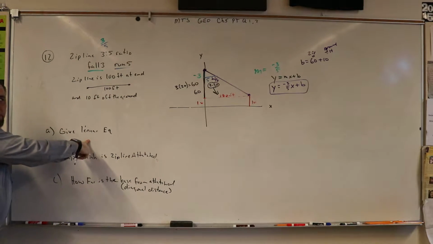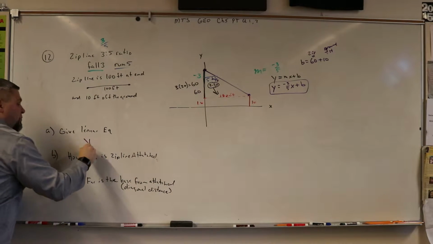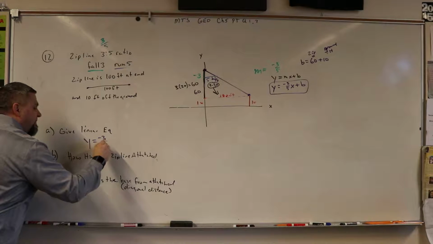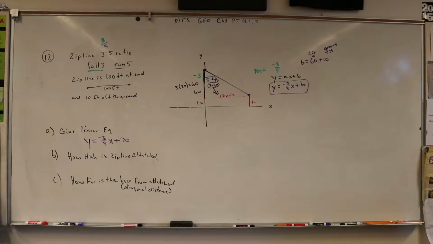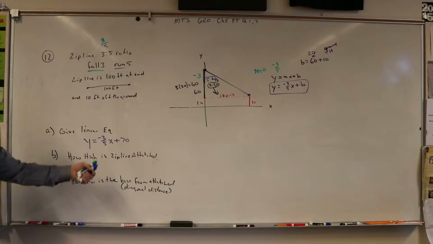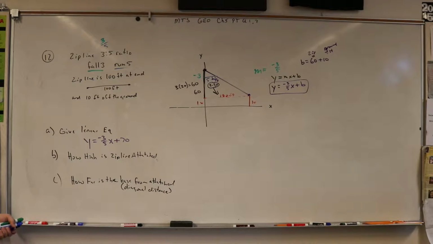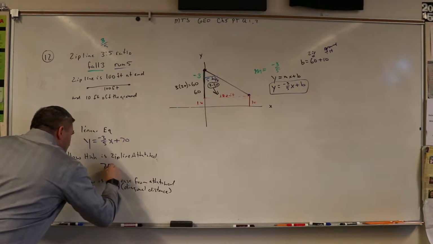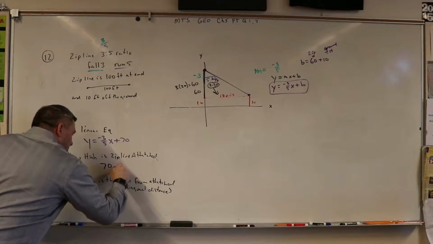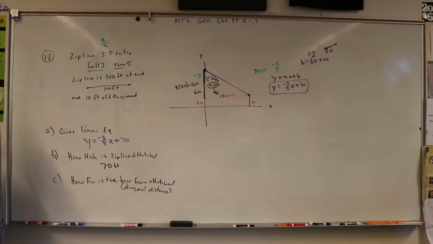So the equation is y equals negative 3/5 x plus 70. How high is it off the ground? 70. So we just figured out two of the problems. It's 70 feet off the ground.